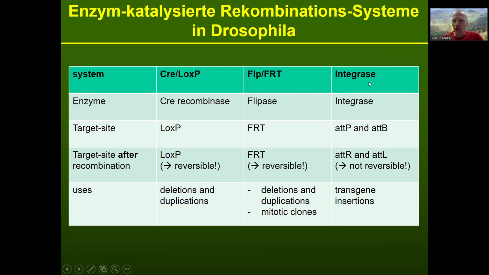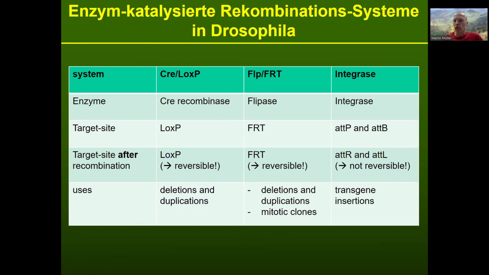Then we have the integrase system. This has been in use for about 5 to 10 years. It has been introduced in the fly field. Like these systems here, it has been adapted from prokaryotes. Here the enzyme is called integrase, and its target sites, analogous to LoxP and FRT, are called attP and attB.